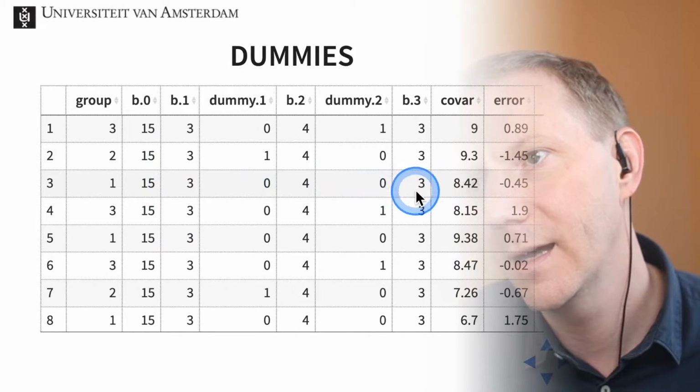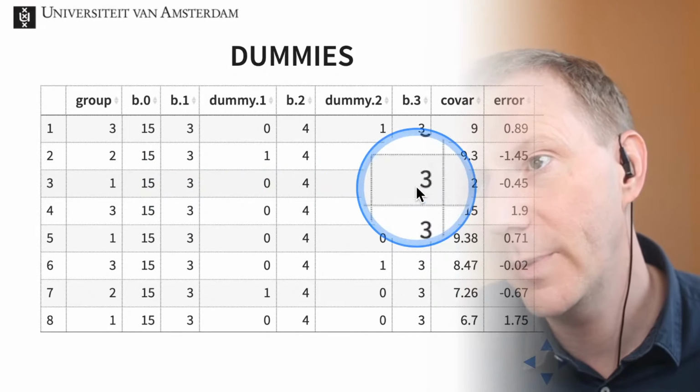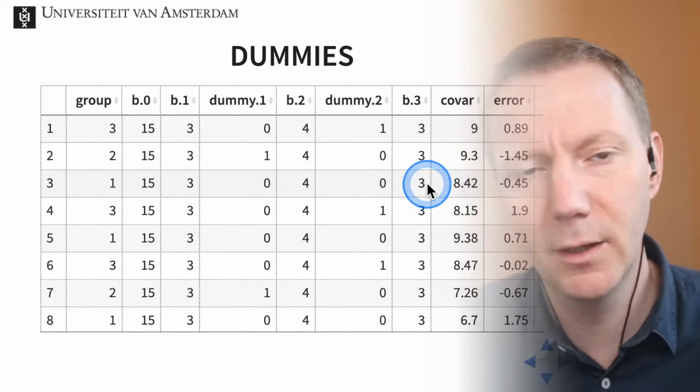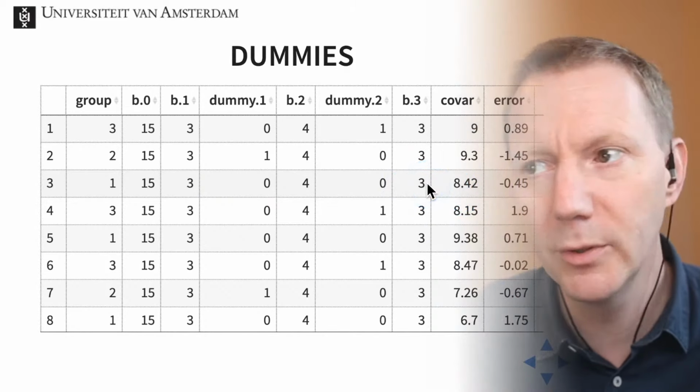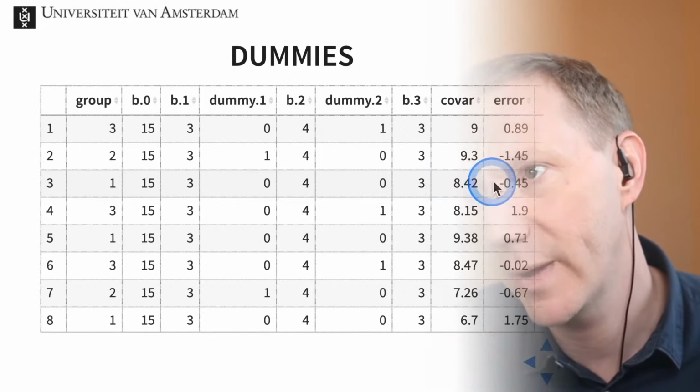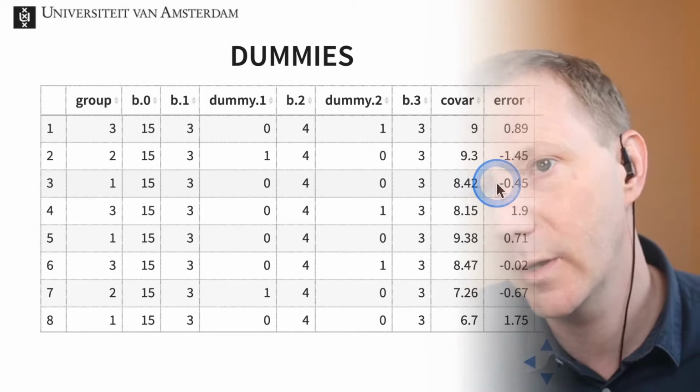Now we have to add the beta coefficient for the covariate. The covariate is a continuous variable, so we add that covariate to the model. And we have some error left that we also added to the model.